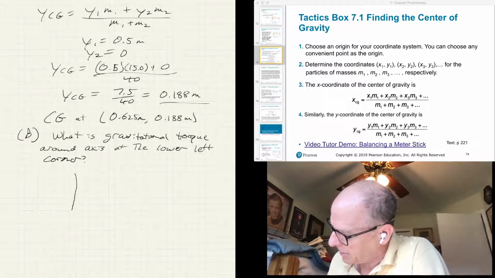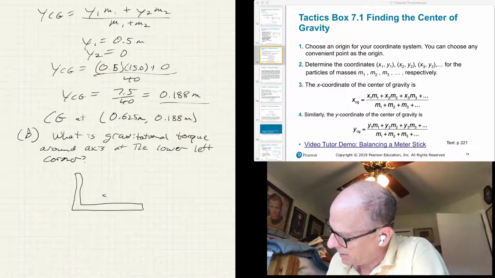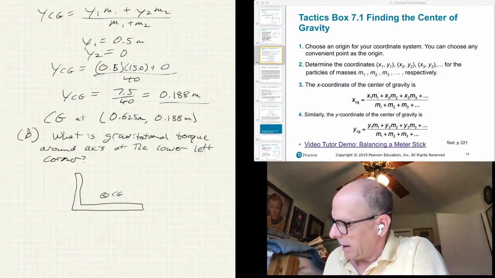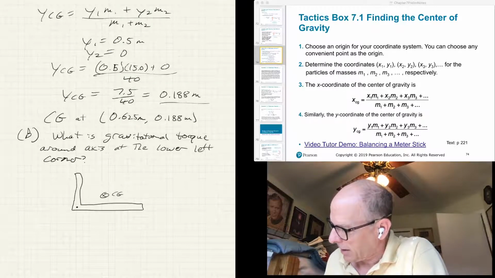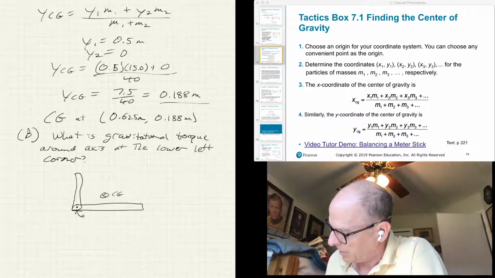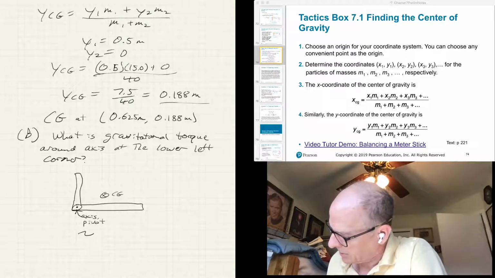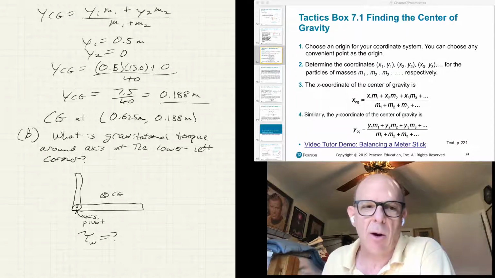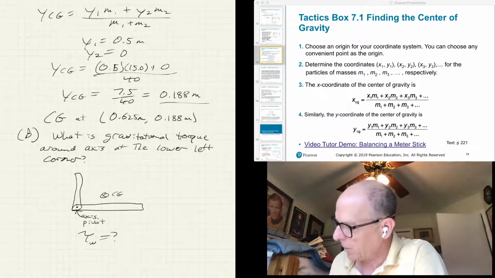So let's do our torque calculation here. So somewhere here is our center of gravity, actually. It's a little bit more like that. There's our center of gravity. And here is our axis or pivot point. And what is the gravitational torque? I put a little W underneath the tau to indicate that's the torque due to the weight.